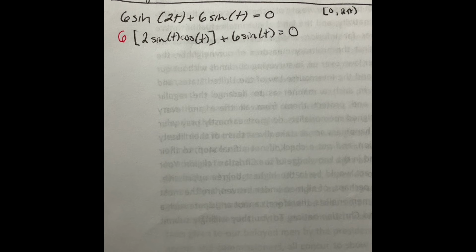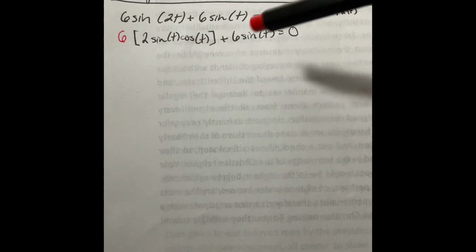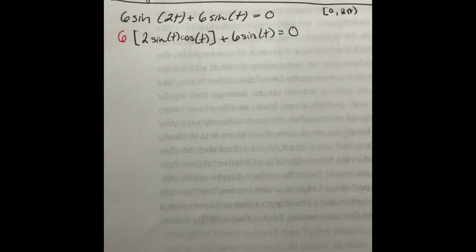And one thing I did want to make note of is, my apologies if I confused you, but this 6 needs to stay the same because it's in a different term than the outside, because in the previous one, this is all together. But it's separated by a plus sign, and if it's separated by a plus or minus sign, it's a completely different term.